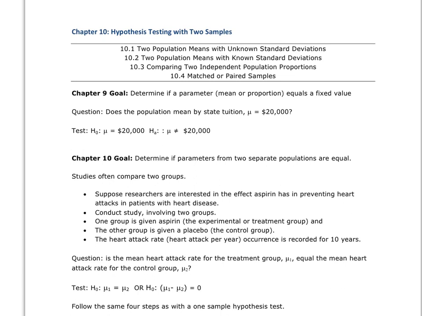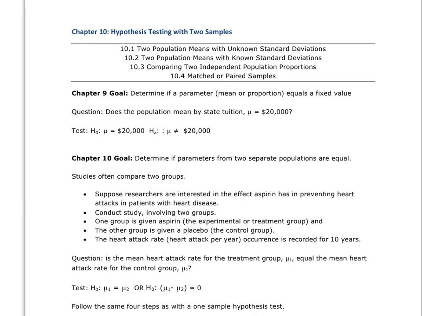So then we can ask the question, is the mean heart attack rate for the treatment group, we'll call that mu1, equal to the mean heart attack rate for the control group? We'll call that mu2. Okay, so here we are comparing two means, and those means come from two separate populations.